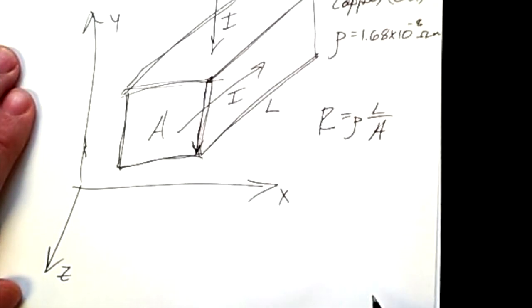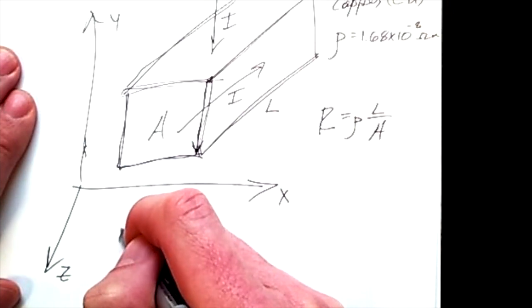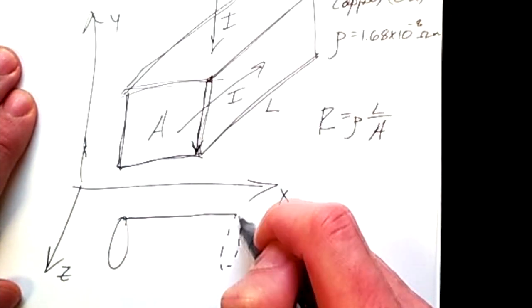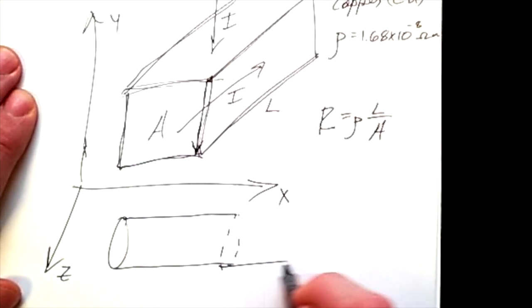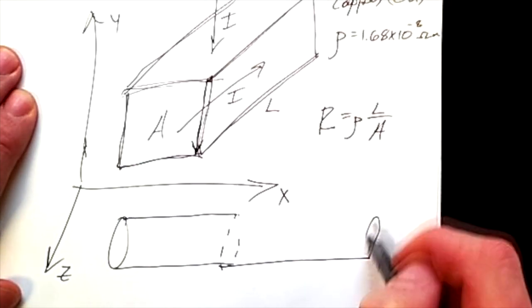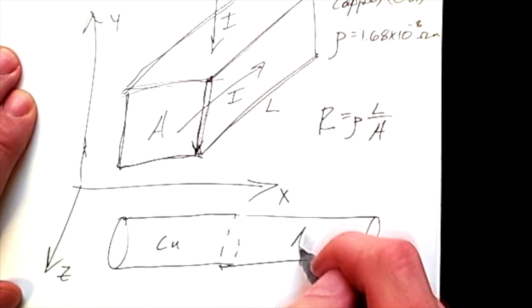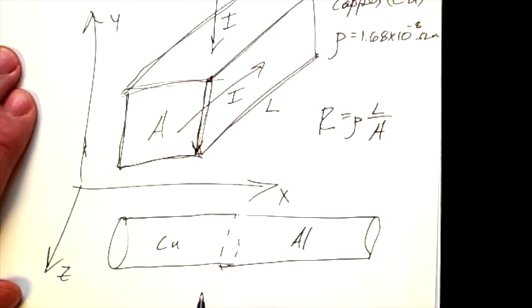It's also possible for you to have multiple materials in a single connection. So one possible question would be, suppose a wire is composed of one material that then seamlessly connects into another, where I have copper on one side and, say, aluminum on another. Assuming the dimensions stay the same, we would presume the current would flow through the wire in this direction, where I would have a cross-sectional area equal to the cross-section of the wire, and then, of course, the length.